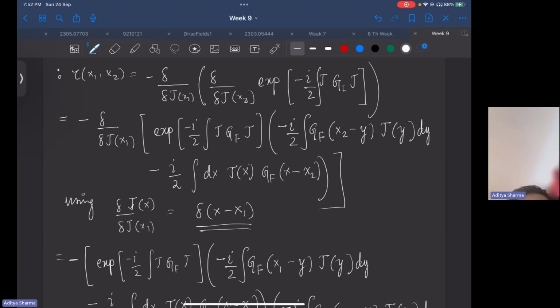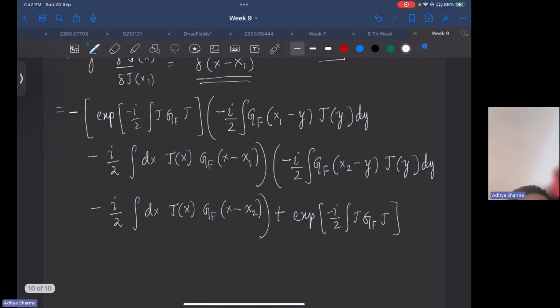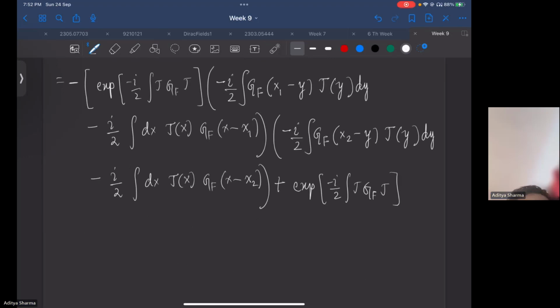So you'll just be ending up with GF of x2 minus x1, minus i by 2. Same here, you'll have x1 minus x2. And since they are so you're going to have this: minus i by 2 GF of x2 minus x1, minus i by 2 GF of x1 minus x2.